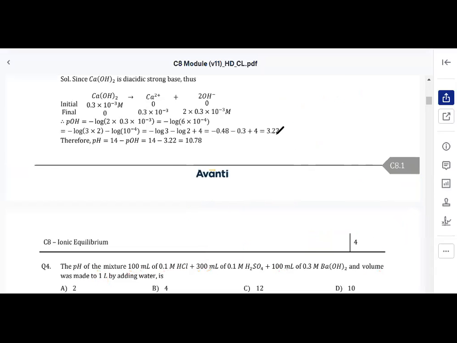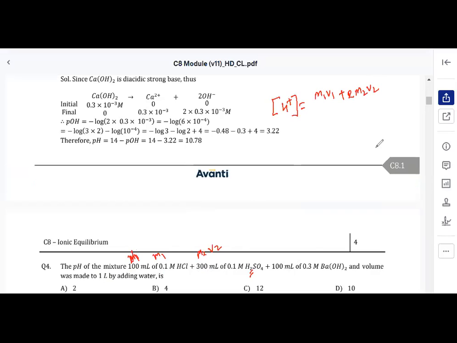Now, you can use this shortcut also. If you observe the whole process, it is thus. Total concentration of H plus is equal to M1V1 plus M2V2, but here it is dibasic, so it is 2 into M2V2.